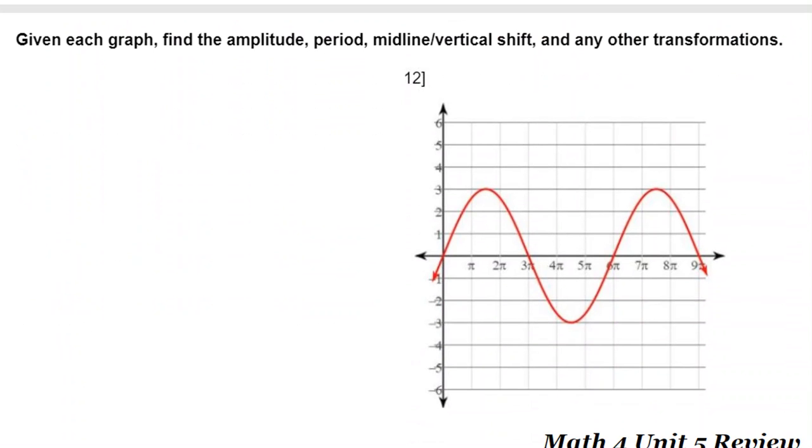All right, let's tackle another one. This one went from 3 to -3, which means that there is no shift. It is right on the axis. So amplitude means that we went 3 units up and 3 units down.